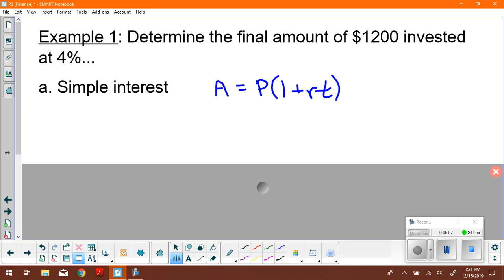On the side here, we'll write down what I know. My principal is 1200. My R is 4%, so it's 0.04.